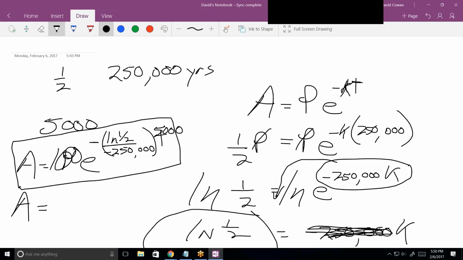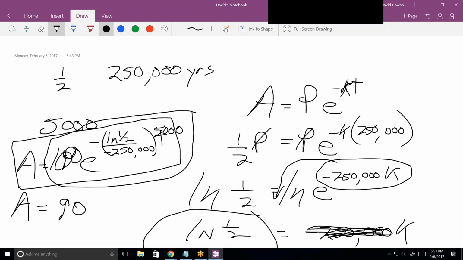Again, you're going to get a specific number when you plug that into your calculator. We have nothing but numbers: 100, and then e is a number, that's a number, that's a number. So you're going to end up with an A. Let's say you end up with 90 grams or pounds or whatever, it doesn't matter. Well, then I've got 90%.